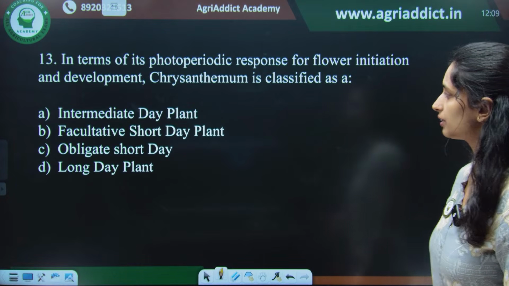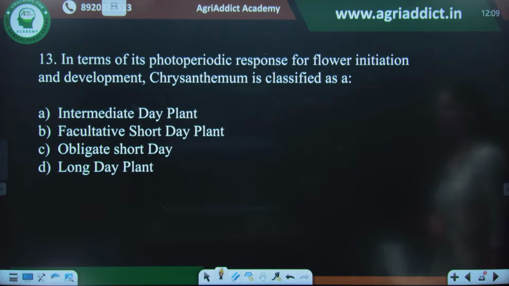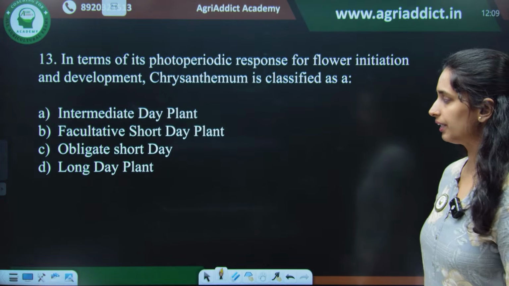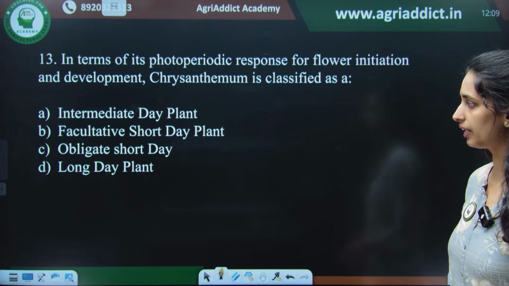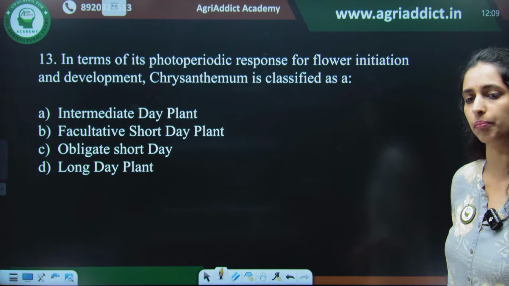13. In terms of its photoperiodic response for flower initiation and development, chrysanthemum is classified as intermediate day plant, facultative short day, obligate short day, and long day plant.